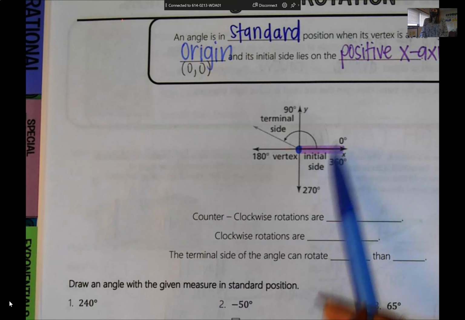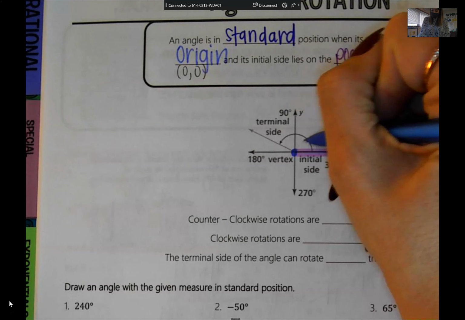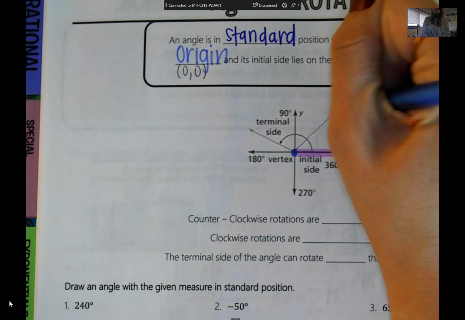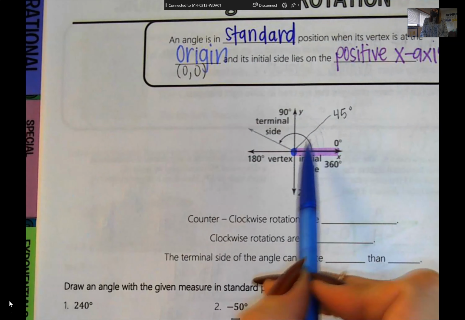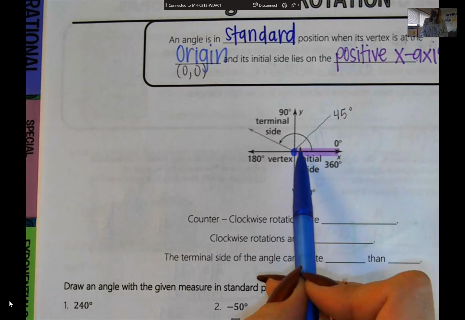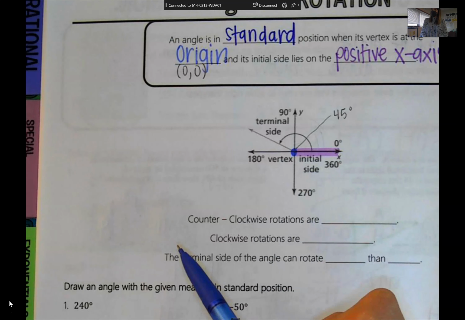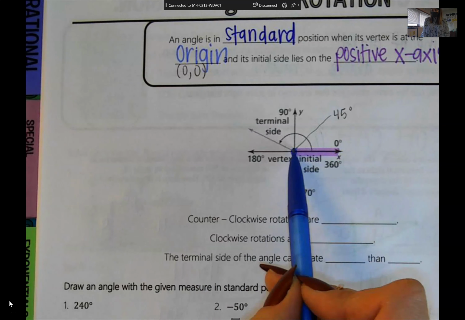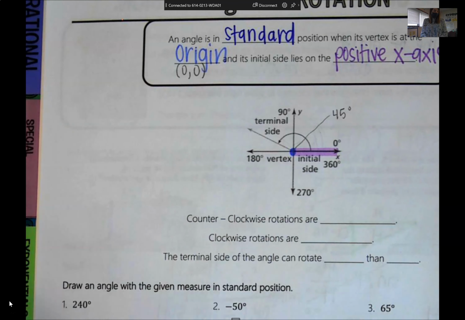So this is reminding you of what these degrees are. Right here, this is 0 degrees. In the middle of these two, 45 degrees. Then up is 90 degrees. It makes that little corner, that square. So this is halfway between 90 and 180. What is that? 135?